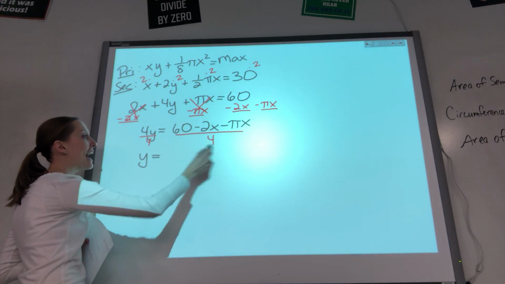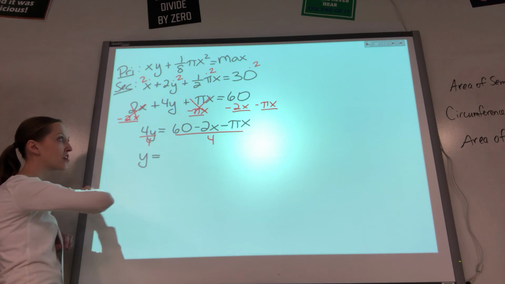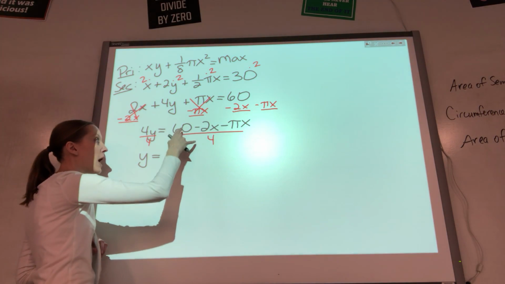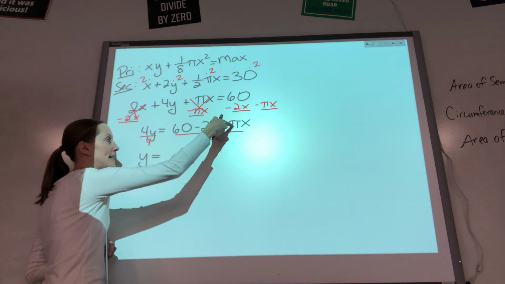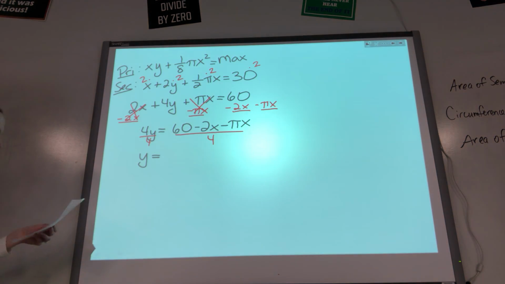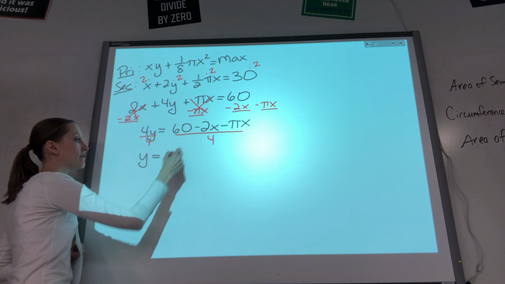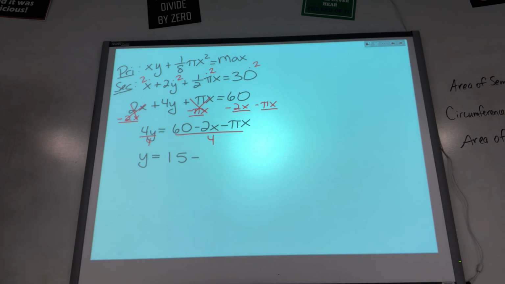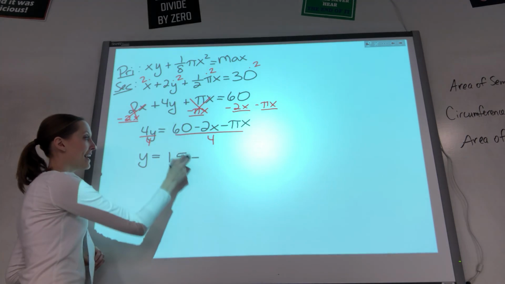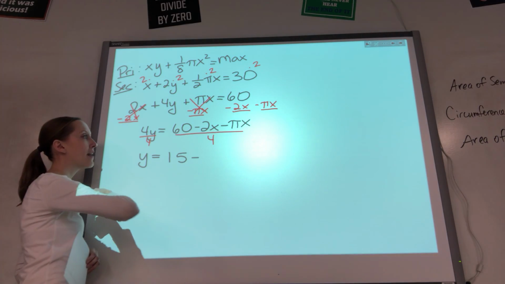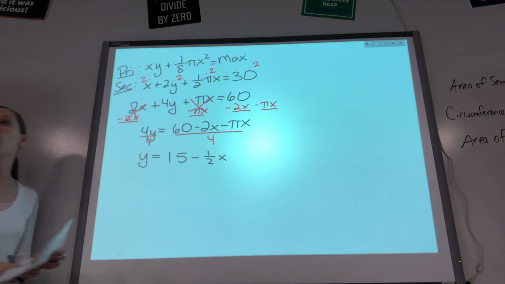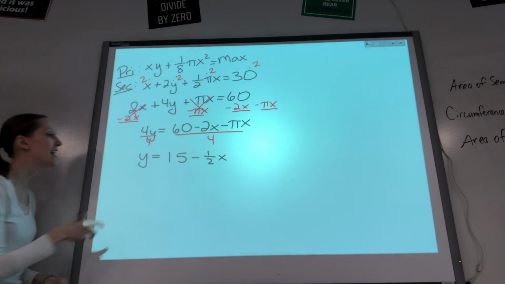Instead of leaving it as one big fraction though, let's go ahead and break the fraction up into 3 pieces. So if you take the 60 divided by 4, that will give you a 15 minus 2x divided by 4. Well, 2/4 is going to reduce to 1/2 x.